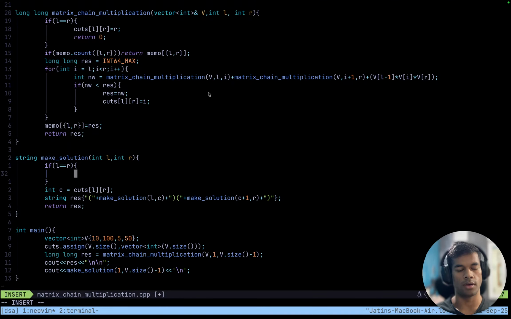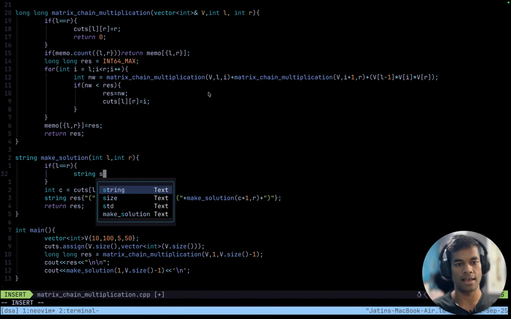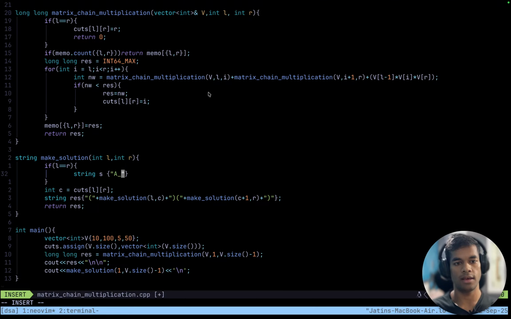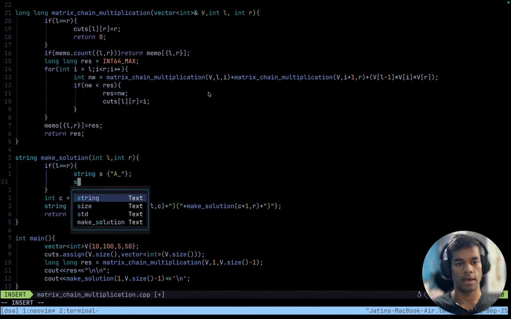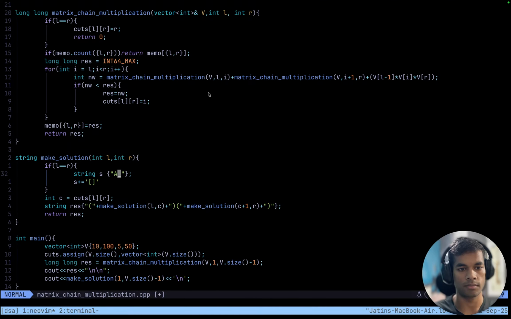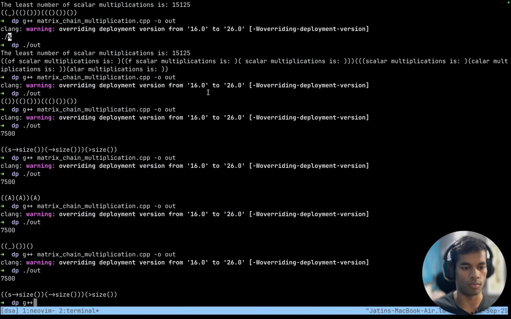Okay. String s initially a underscore s plus equals 0. Okay, I want to test something. If I add a character to a string, what do I get? Will I get a0 there?